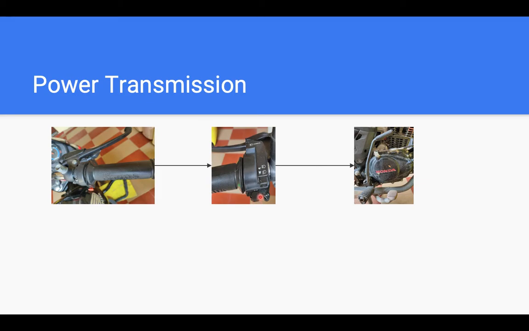After that, we increase the throttle, and simultaneously we leave the clutch, and the bike will start moving. Then to apply the second gear, we again apply the clutch, apply the second gear and leave the clutch.